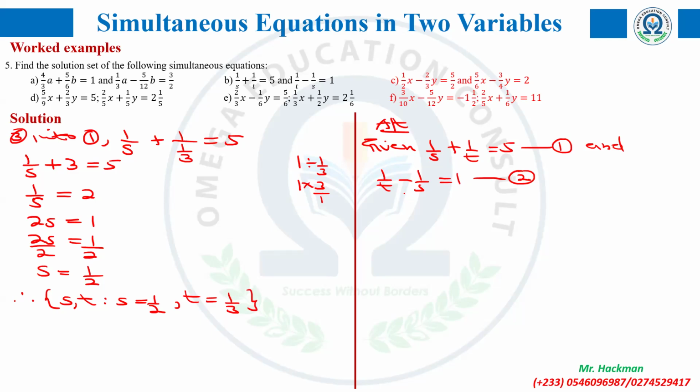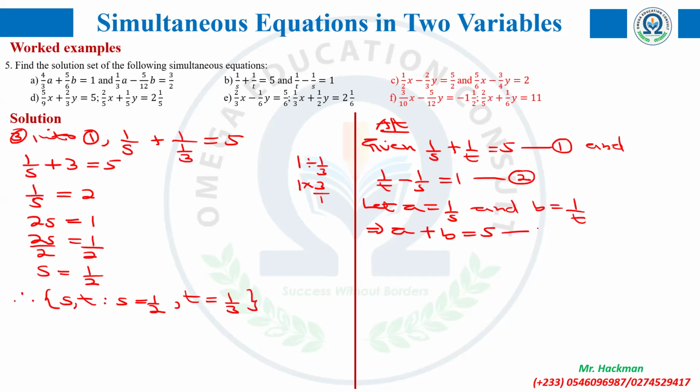So now this is what we are going to do. We will let a be equal to 1 over s and b be equal to 1 over t. You can write let a be equal to 1 over s, then any other letters different from these two letters. So this implies that your equation 1 will be a plus b is equal to 5.